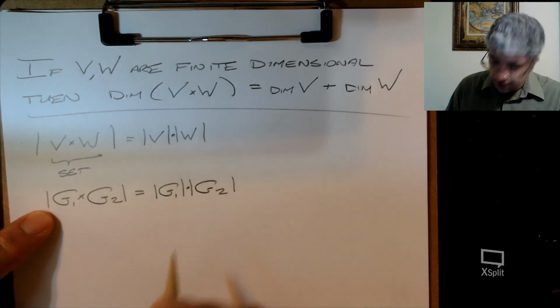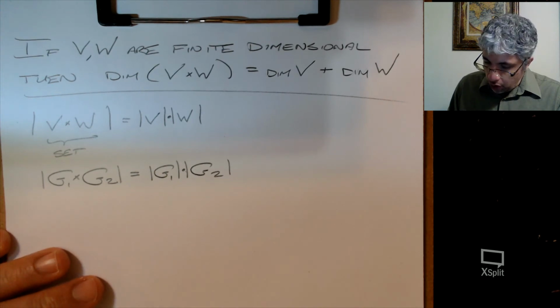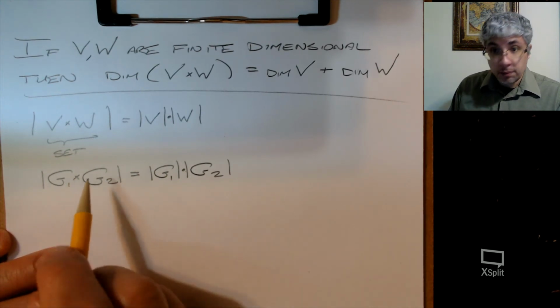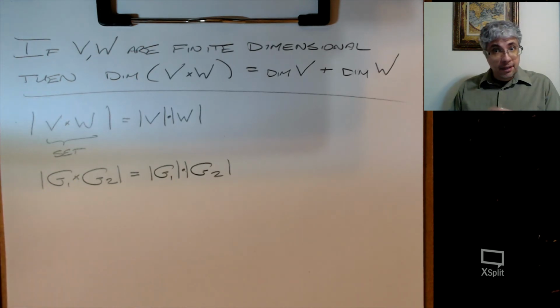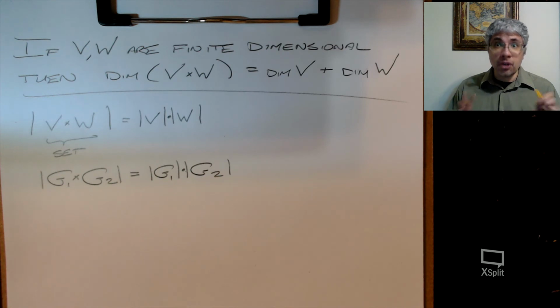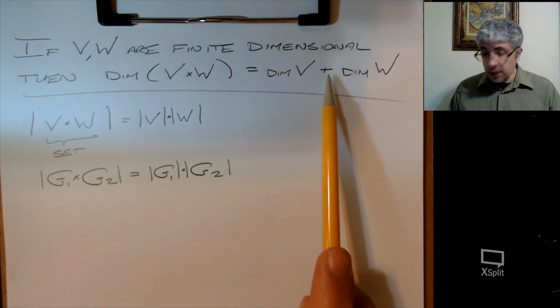So in many places, when we take the product, we get a multiplication. Here, even though the product is kind of behaving like multiplication, remember, dimension is not the same thing as number of elements. Dimension is a statement about how many elements we have in a basis. And in this case, we get plus.